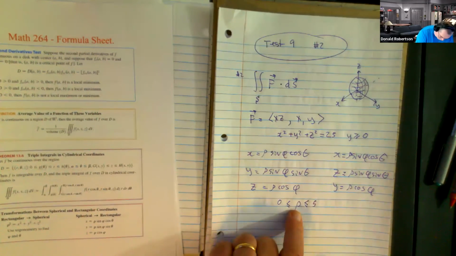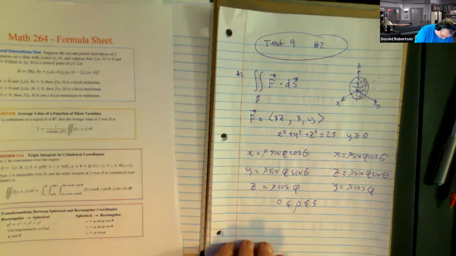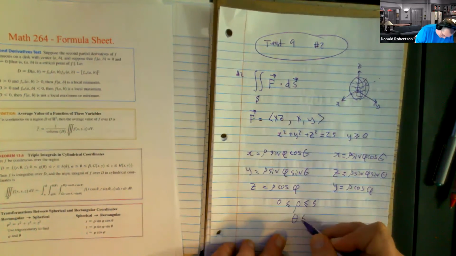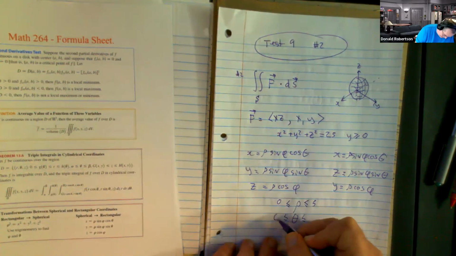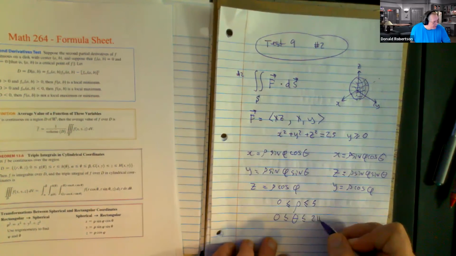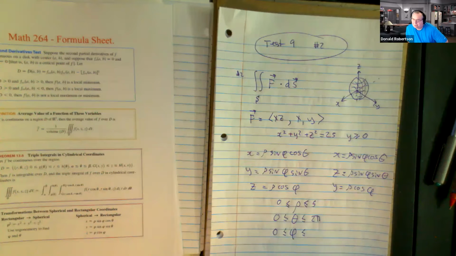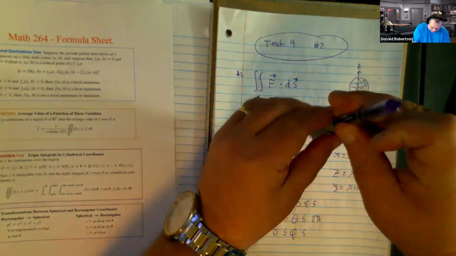Now, it's a whole circle. So theta is going to be, as it always is for a hemisphere, everybody. So who is phi going to be? Well, normally you do it vertically, right?